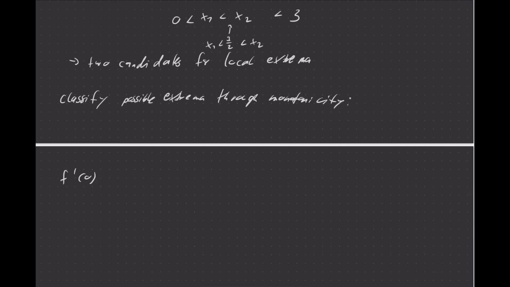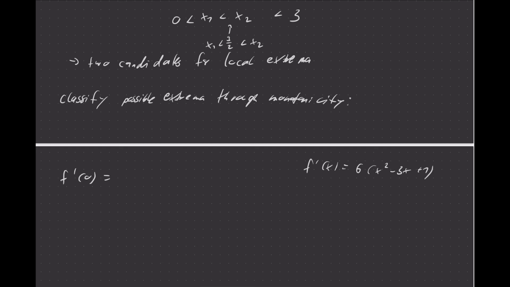And we know f prime can only change sign at the two stationary points. So if we find a point left of x1, and determine the sign of f prime left of x1, then that will not be able to change anymore as long as we do not cross x1. So what we have here is f prime of 0. Remember, f prime of x is 6x squared minus 3x plus 1.